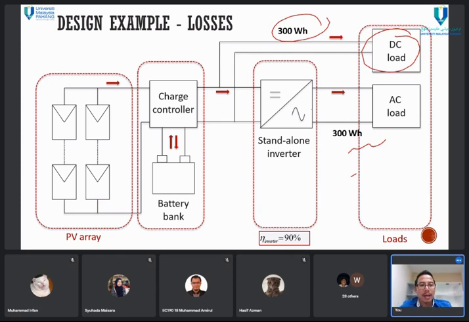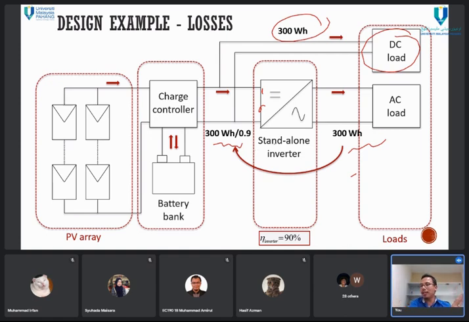So before the inverter, even though we only need 600 watt hours in total for our loads, after considering the inverter, because of the losses, because of efficiency, it's actually not 300. It's 300 over 0.9. Because 90%, 10% is losses. So we need to divide by 0.9 in order to get the total energy until the inverter, how much it is.